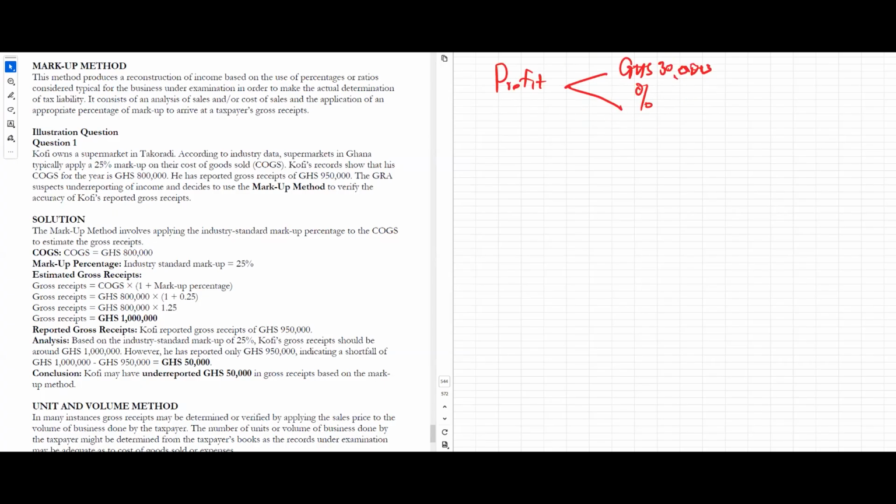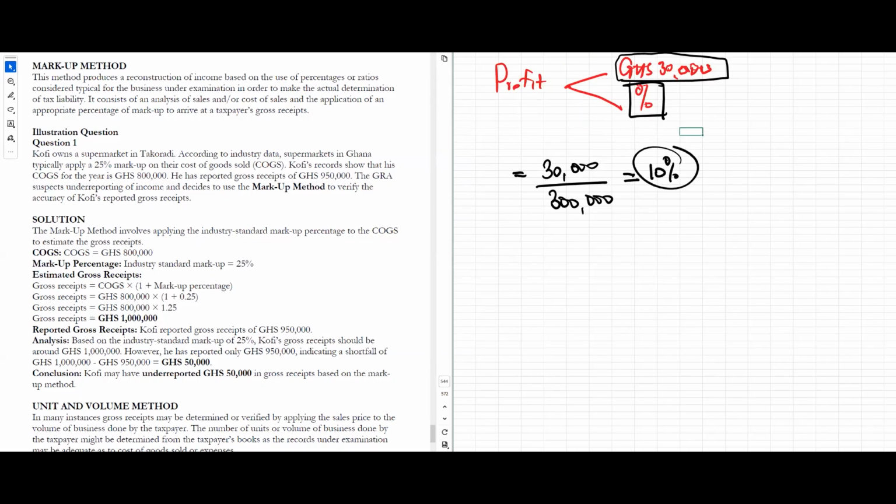So now let's look at something. Profit can be in Ghana cedis, and profit can also be a percentage. For instance, if I tell you that I made a profit of 30,000 on an income of 300,000, that means the profit is 10%, true or false?